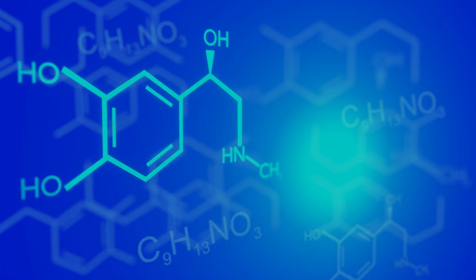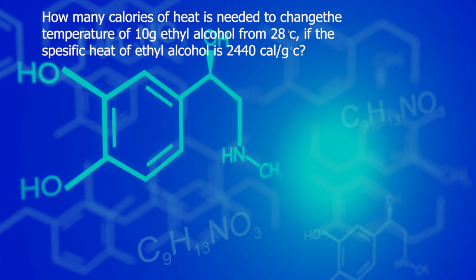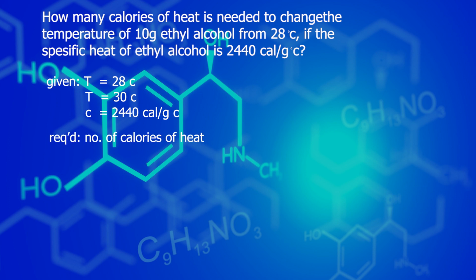In problem number 8, we are given here that the specific heat of ethyl alcohol is 2,440 calories per gram per degree centigrade. Now we are asked for the amount of calories needed to change the temperature of 10 grams of ethyl alcohol from 28 degrees centigrade to 30 degrees centigrade.